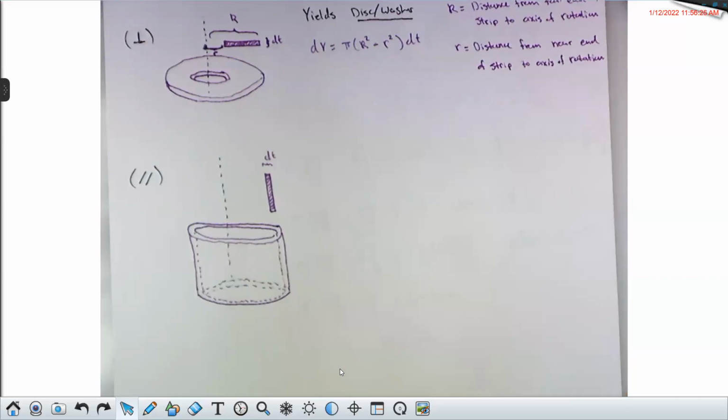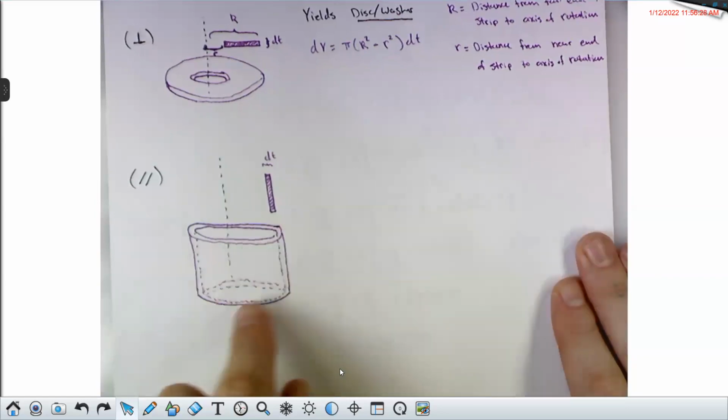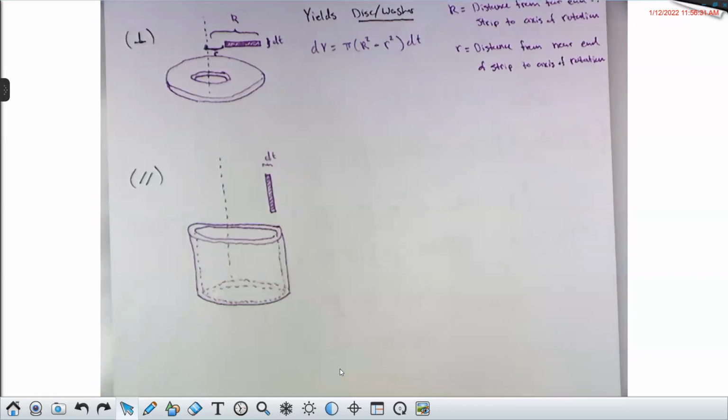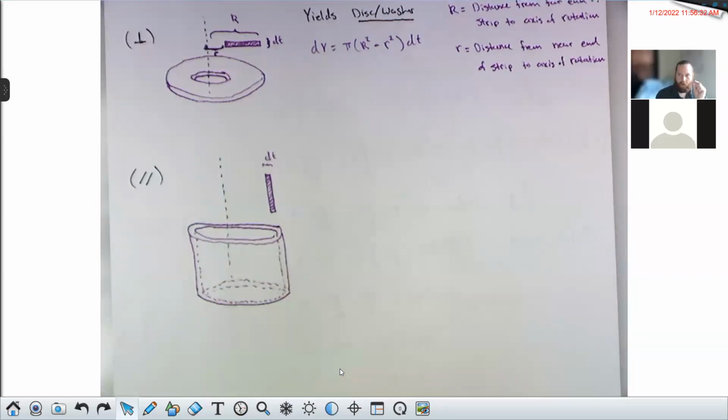Think of this as like a soup can with the top and the bottom removed. It has a very, very narrow wall, right? The thickness of this wall is the thickness of this strip. And what I need to do is find the volume of this little cylindrical shell.